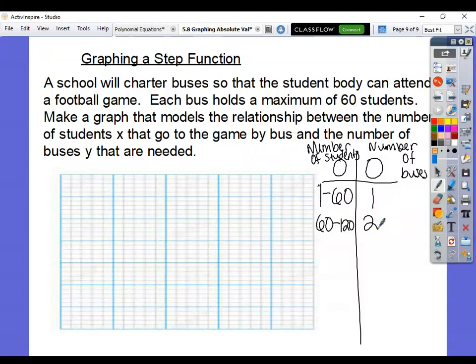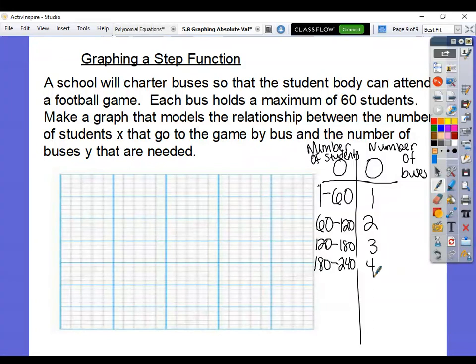For 3 buses, that would be 120 to 180. Then from 180 to 240, that would be 4 buses, and we're going to stop there.